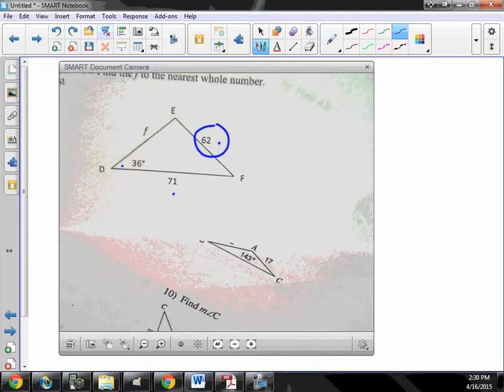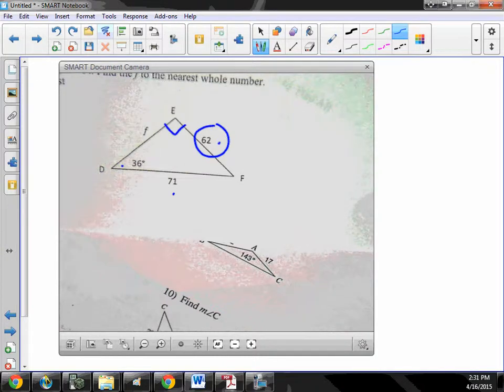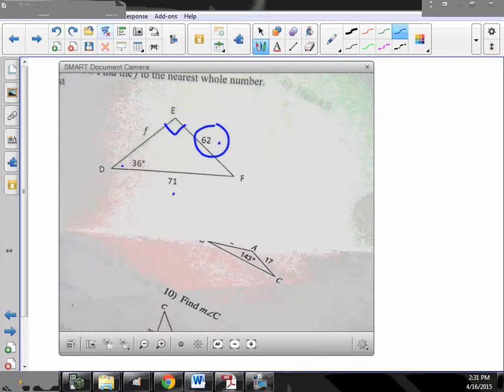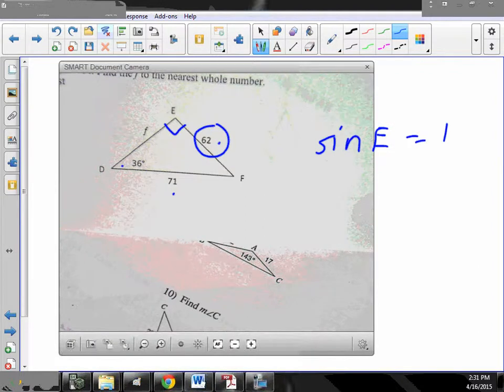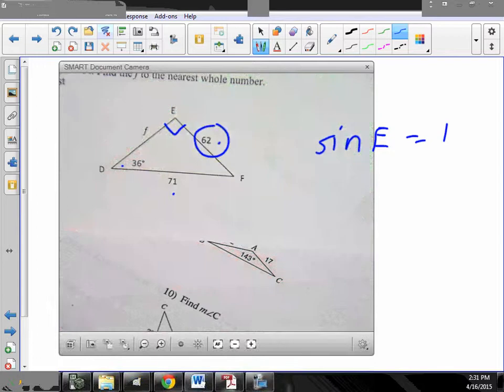It's either 2 or 0, except for the really strange case when there is exactly 1, which would be if that's a right angle, which you'd know really quickly if you did the law of sines, because you'd have sine of E equals 1. So that's a 90-degree angle.